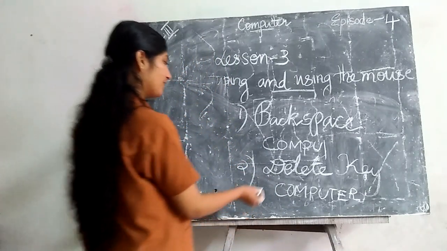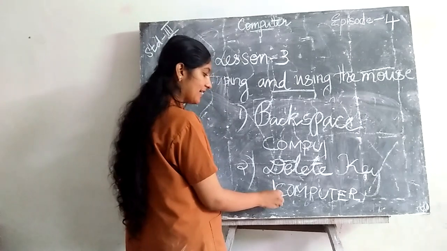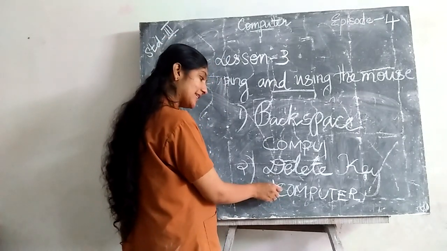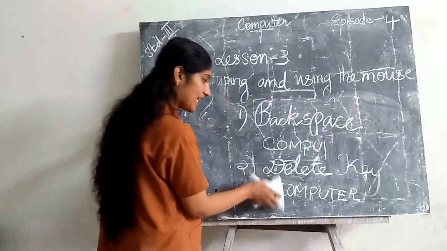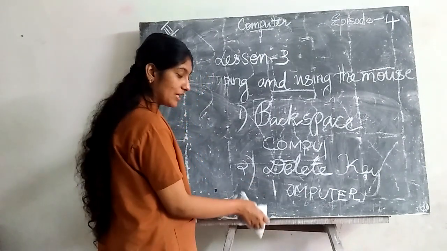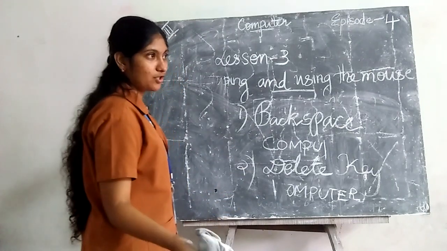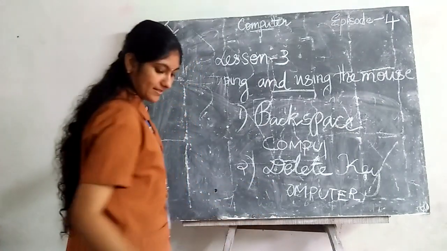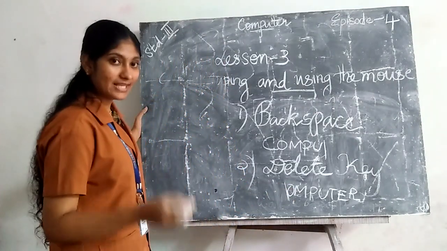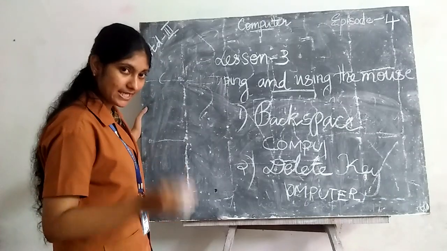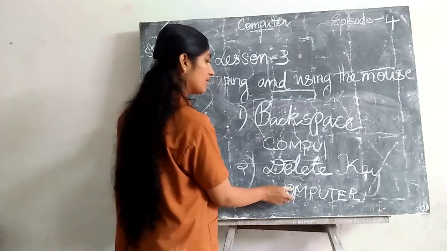For example, here the insertion pointer is placed here. When we press the delete key, it erases the character C, not the left side. Delete key erases the right side of the insertion pointer. For example, if the insertion pointer is here and we press the delete key, it erases the character to the right of the insertion pointer.